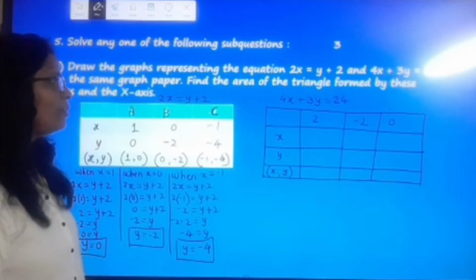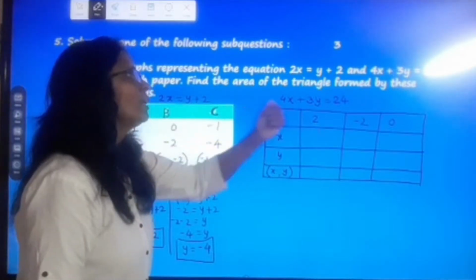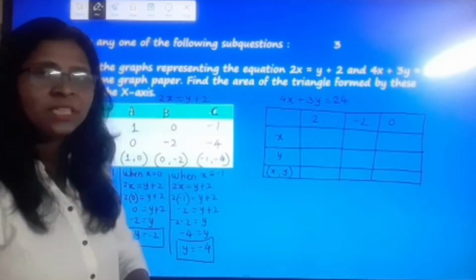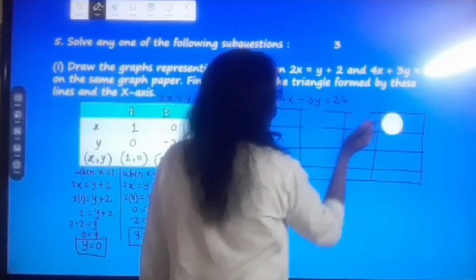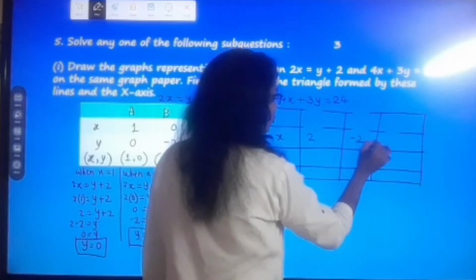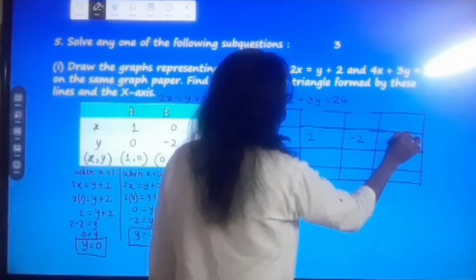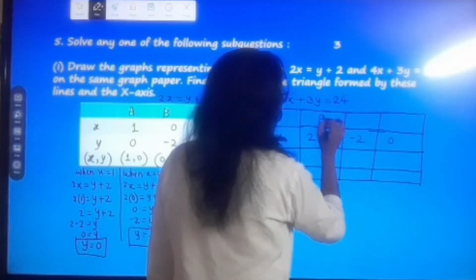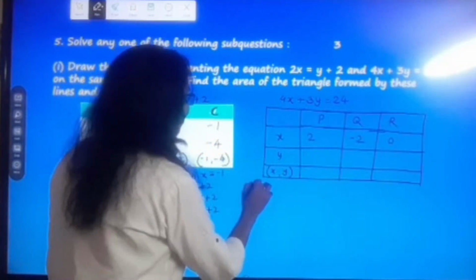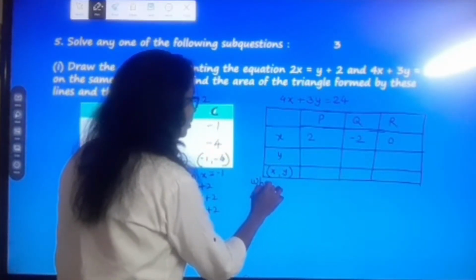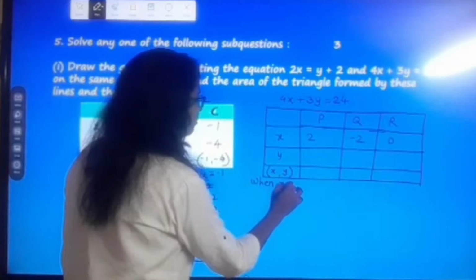Okay, so now here students, for the second equation, do the same thing, for the values 2, minus 2 and 0, taken as the values for x, and then p, q, r. Now first I write the value when x is equal to 2.